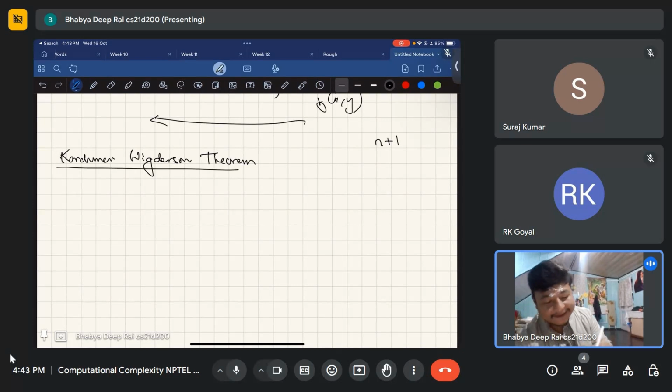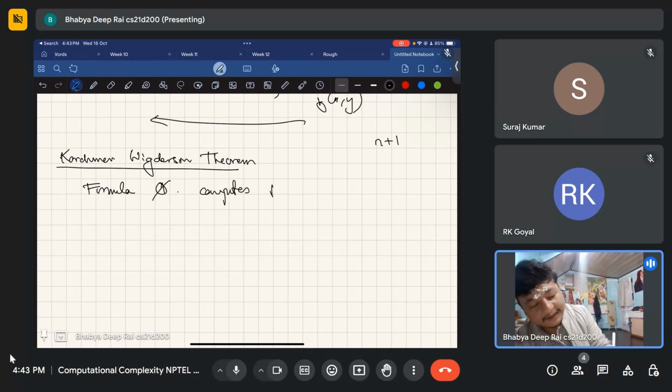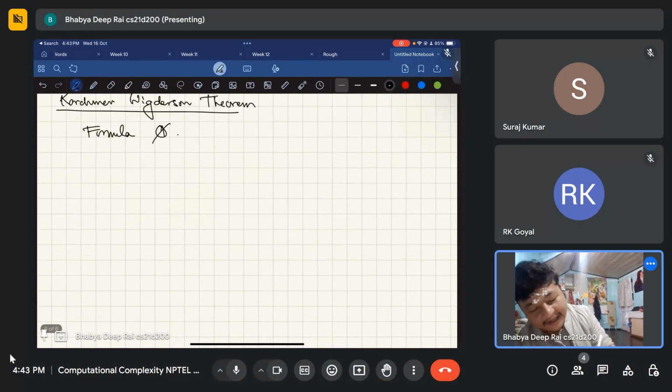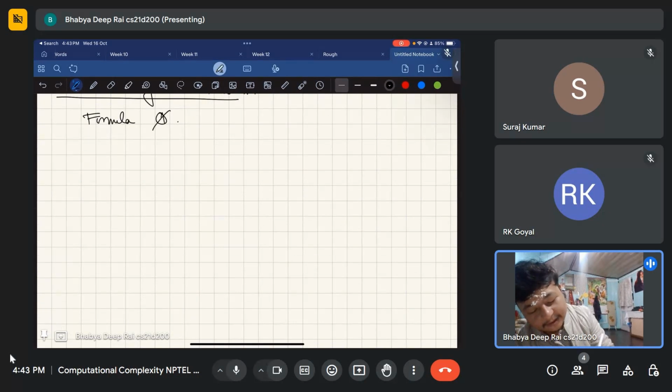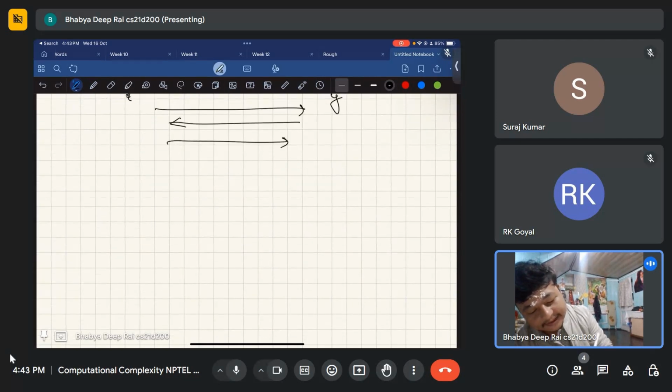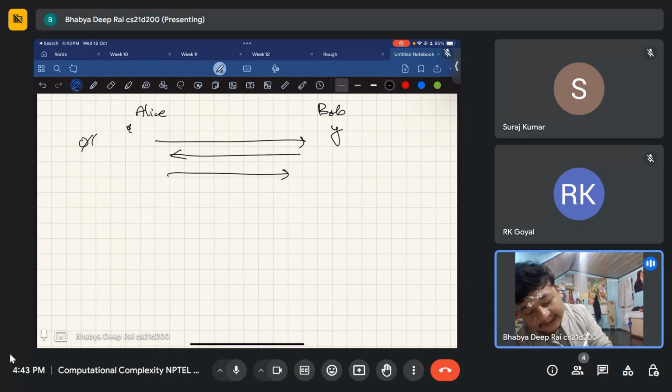It says that if you have a formula phi that computes a function f, then we have the following game where Alice and Bob are given x and y, and they are supposed to exchange bits, such that phi of x is equal to 0 and phi of y is equal to 1.